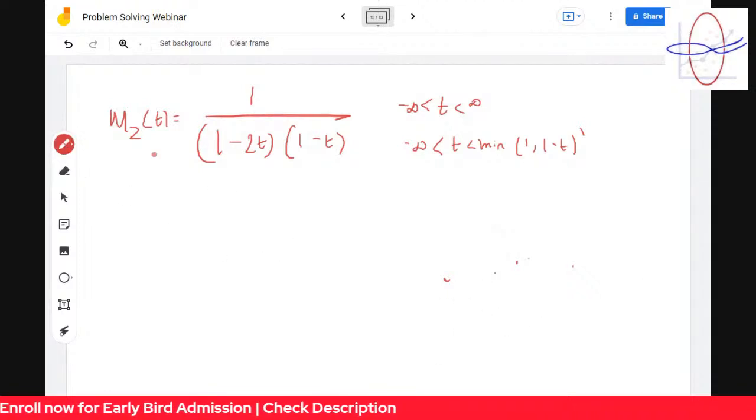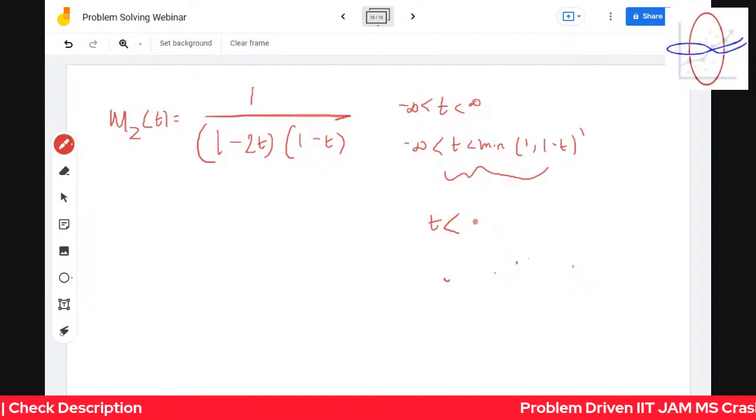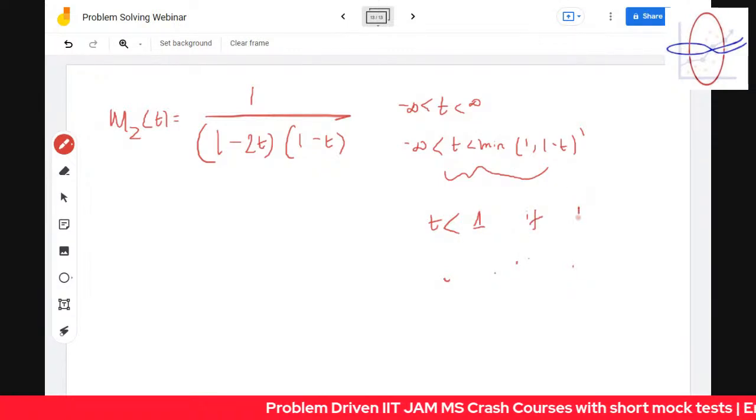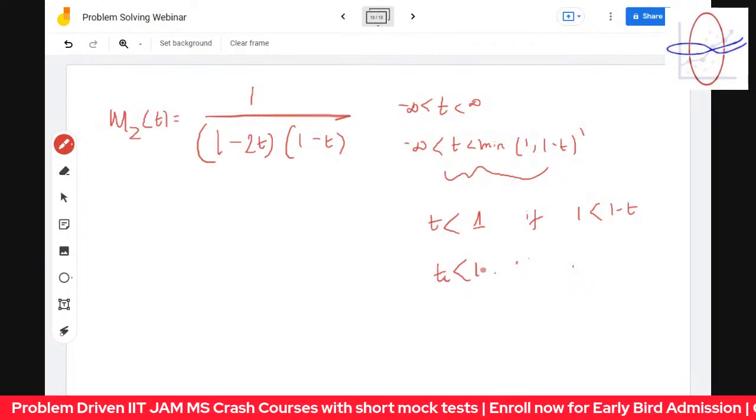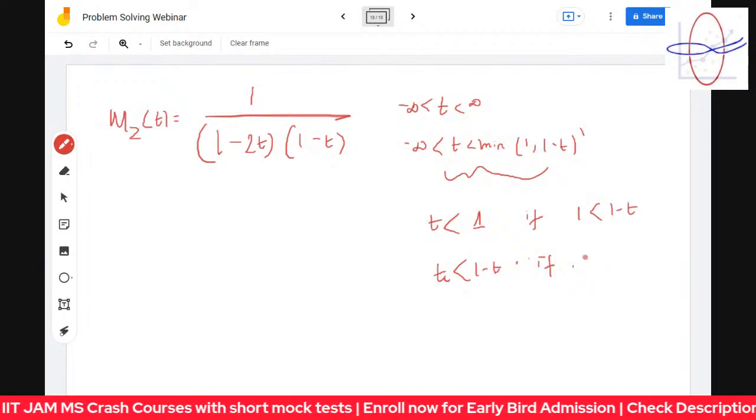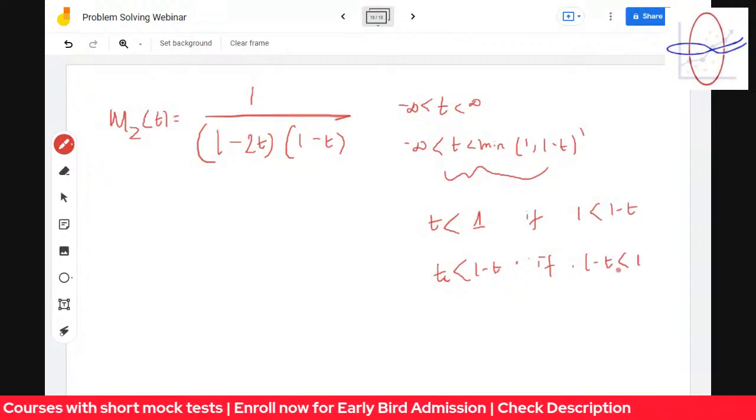So what does it mean? These are the conditions which may confuse you. T is less than 1 if 1 is smaller than 1 minus t, and t is less than 1 minus t if 1 minus t is smaller than 1. This is the case only, right? So let's see what it means.